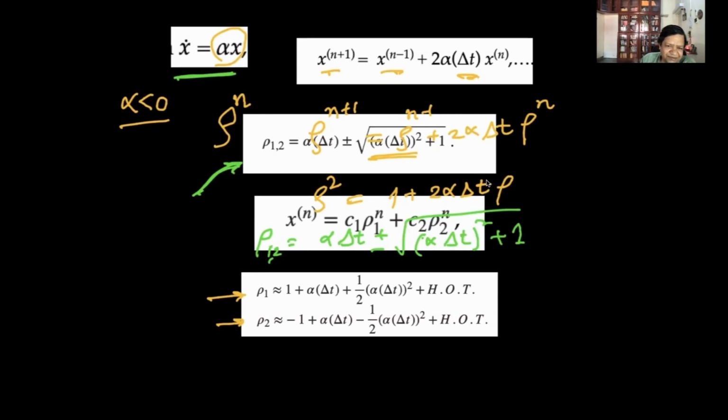Now alpha delta t is small, so I expect xn plus 1 to be close to xn. So the first one is a correct solution, not the second one. The second one is switching sign, it is minus 1. The second one is definitely a spurious solution.